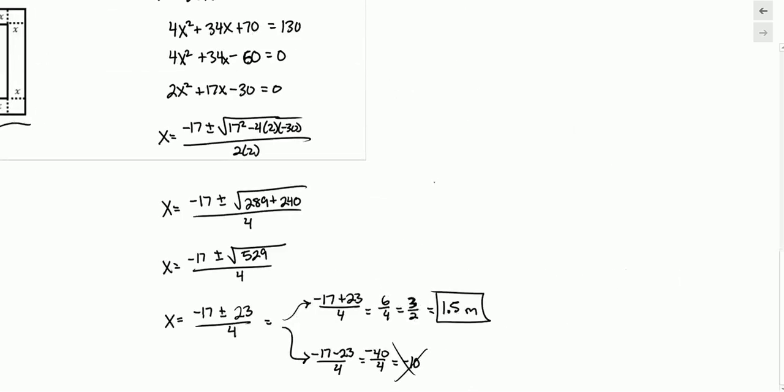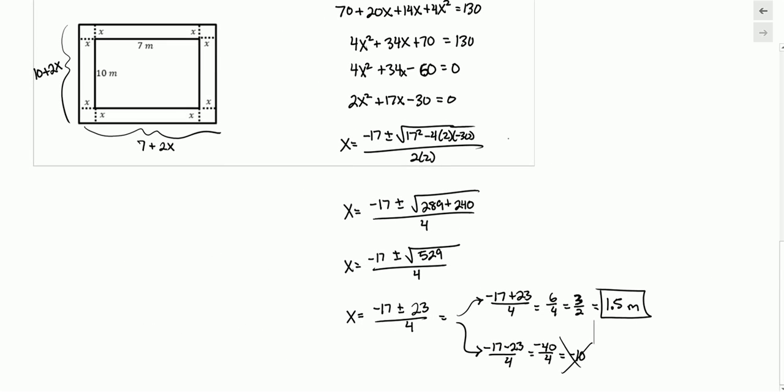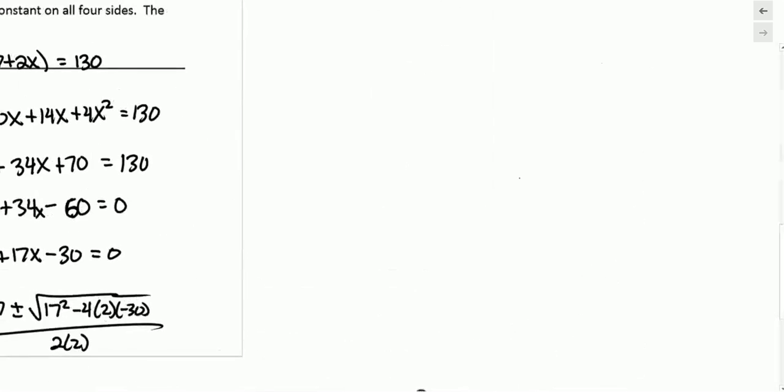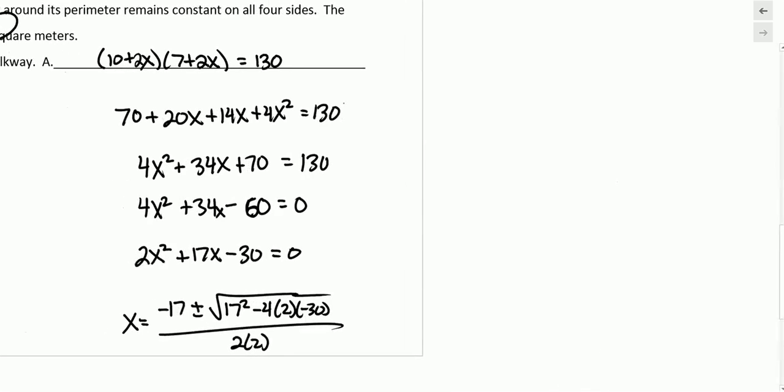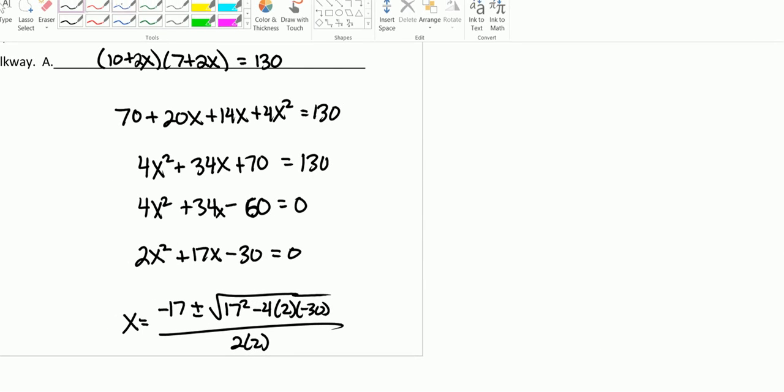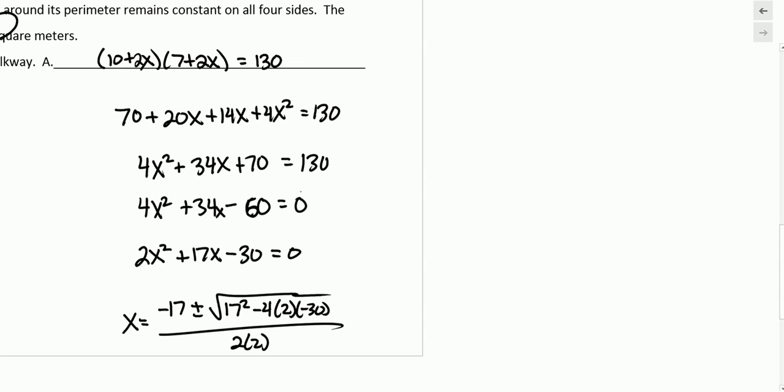Now this is solving by the quadratic formula, and you have some pretty big numbers in here. You've got to take the square root of 529, you've got to square 17. Let me show you what this would look like if we solve this by factoring. So we'd still start the same way, but at this stage here, we'd start to try to factor it.